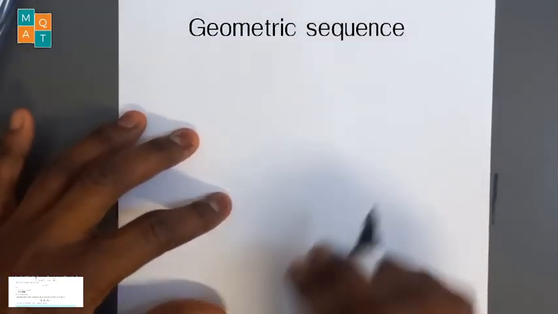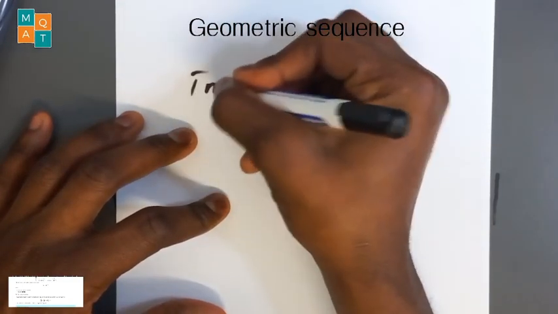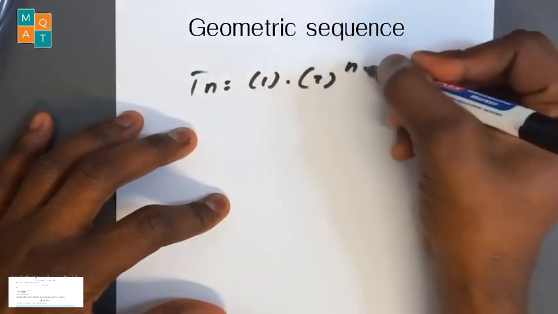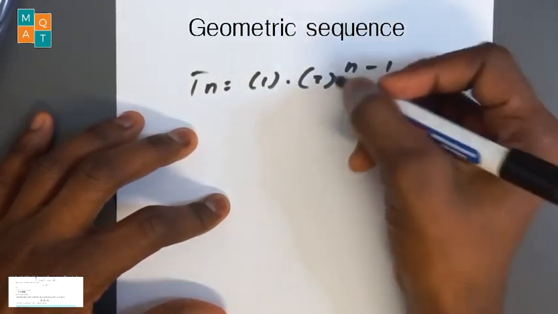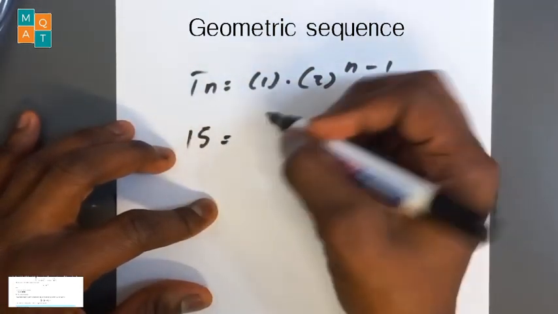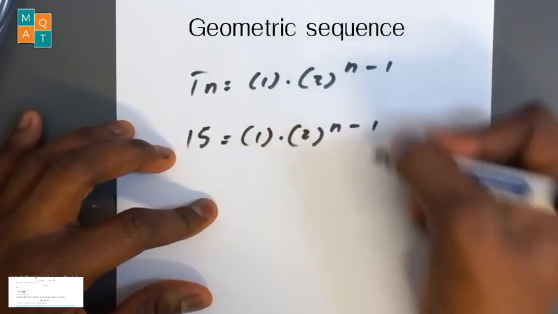Our equation right now is Tn is equal to 1 multiplied by 2 to the power n minus 1. And we know that now Tn is 15, so 15 is equal to 1 times 2 to the power n minus 1.